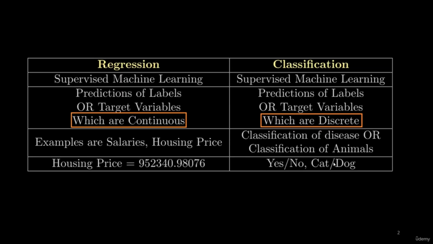If our target variables are discrete, we perform classification, and if they are continuous, we do regression. Both involve prediction: in one case, the prediction is about a continuous variable, and in the other, about a discrete variable.